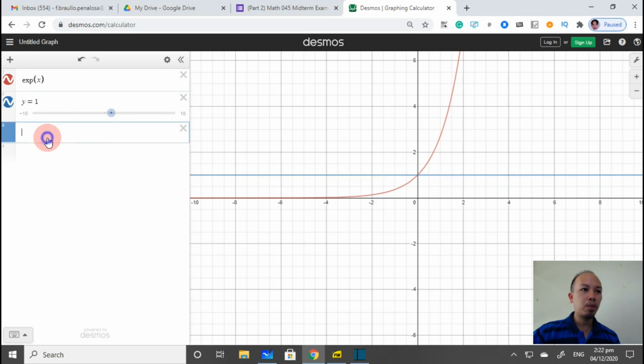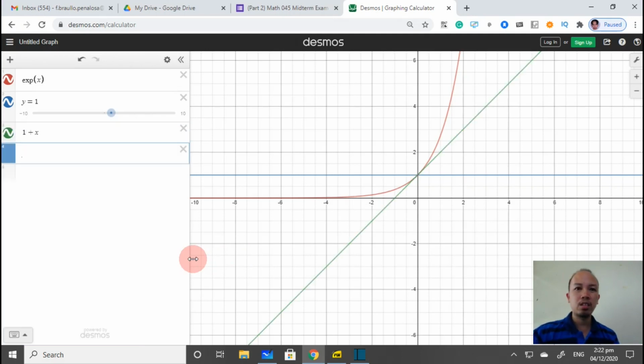How about if we try to plot 1 plus x? We have 1 plus x here. Again, if we zoom out, it only captures one value, this one here.